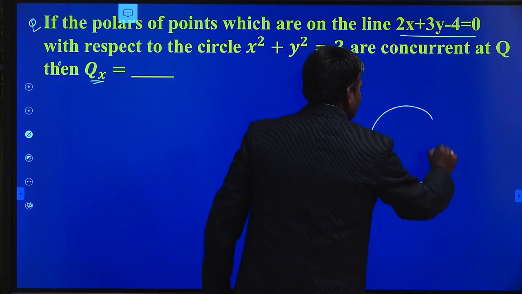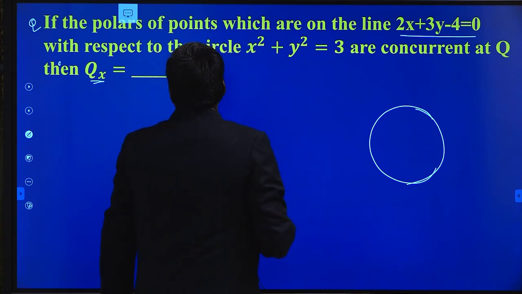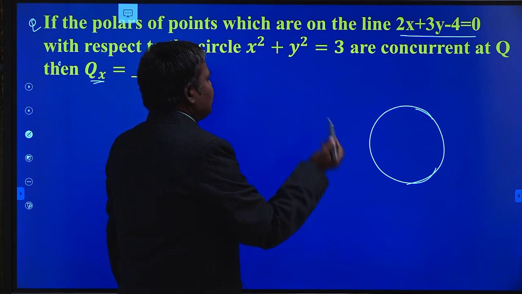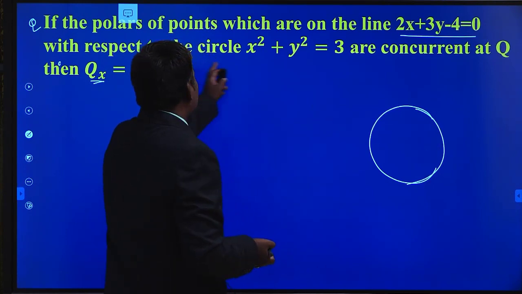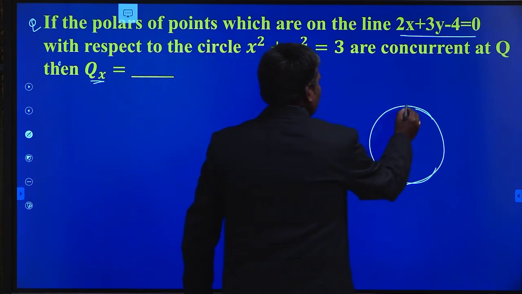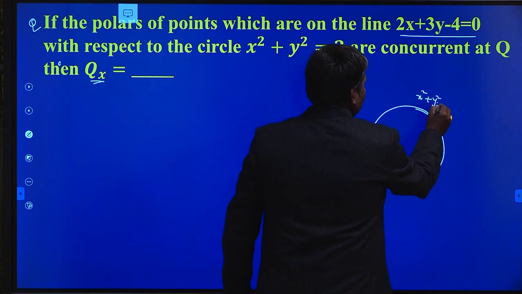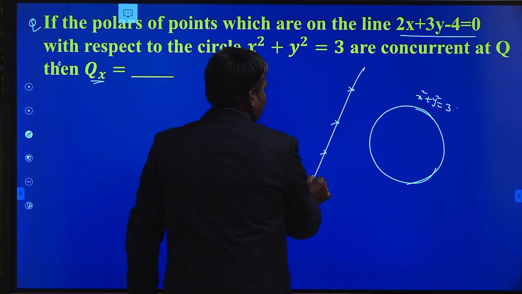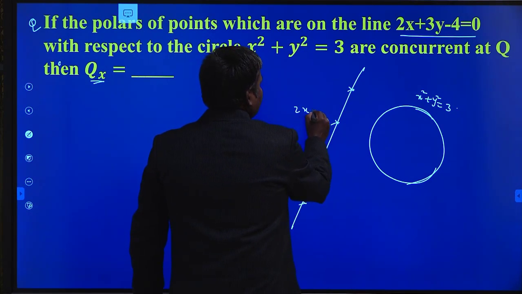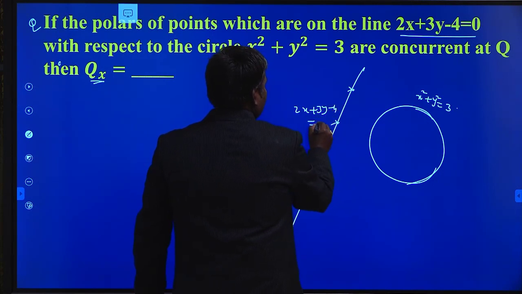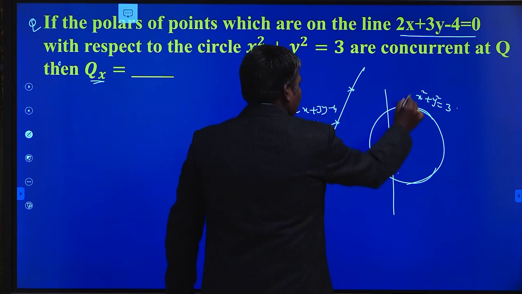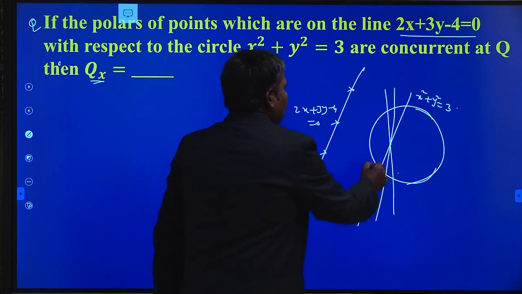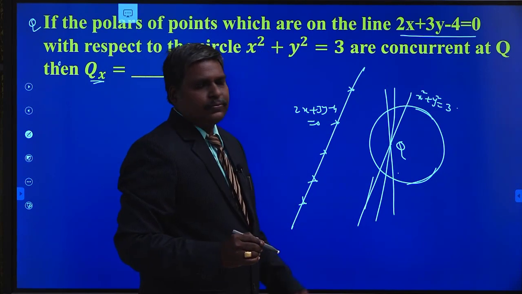Suppose this is the circle x square plus y square equal to 3. The points are on this line here. What is my line? 2x plus 3y minus 4 is equal to 0. The corresponding polars intersect at this point Q. You have to find the x coordinate of Q.